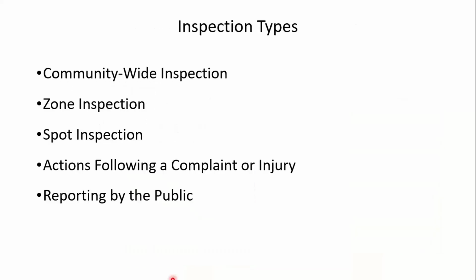Those sorts of things. A number of different inspection types. We could have a community-wide inspection, could be zone inspections, certain zones of the city, could be spot inspections, could be an inspection following a complaint or an injury incident, or it could be an inspection following a report by the public.